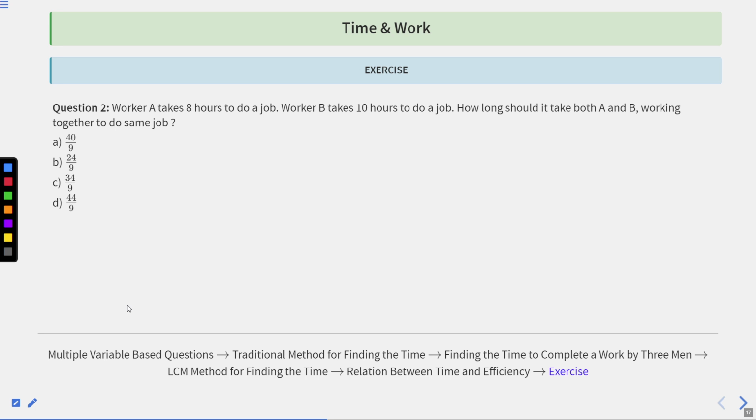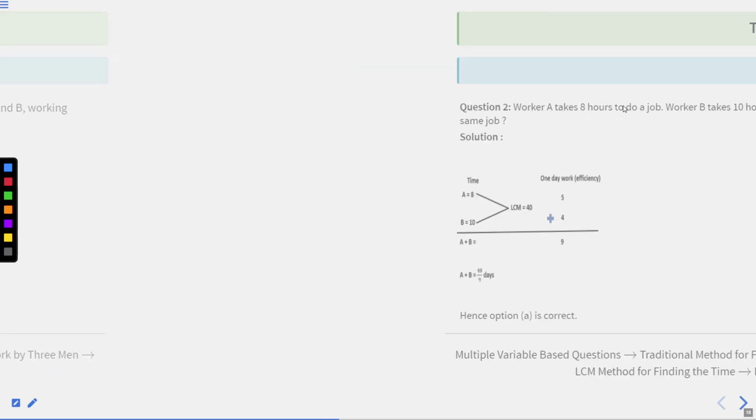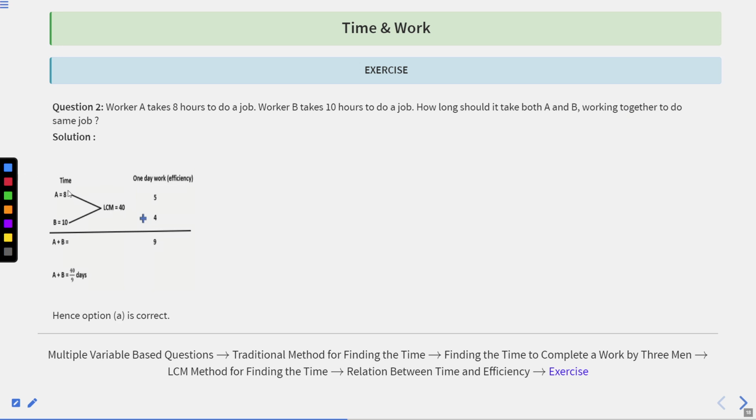Now, question number 2. Worker A takes 8 hours to do a job and worker B takes 10 hours to do a job. How long should it take both A and B working together to do the same job? So time required by A is 8 hours, time taken by B is 10 hours. Take the LCM of 8 and 10, you will get LCM equal to 40. And now next thing we want to find is 1 day work efficiency.